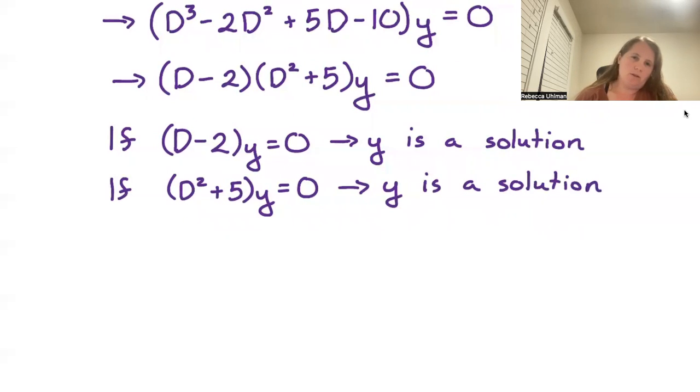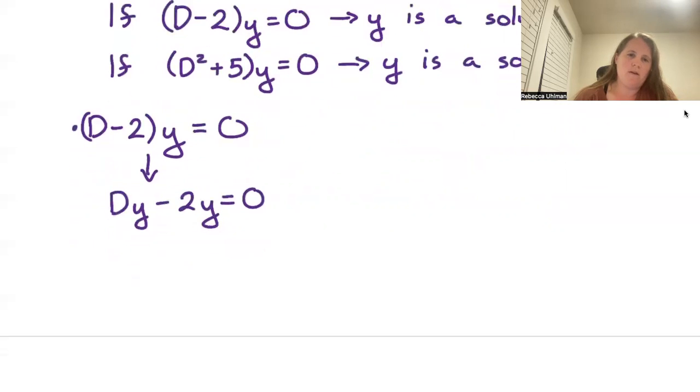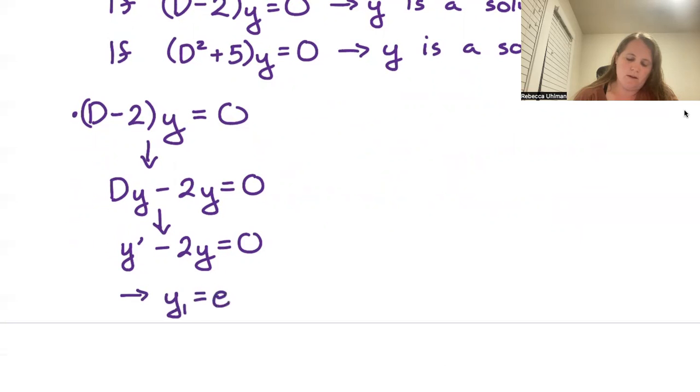So does D minus 2 y equaling 0? This just means that Dy minus 2y is equal to 0, and of course, Dy is just y prime, so y prime minus 2y equals 0. And so we get a solution of the form y1 is e to the 2x.